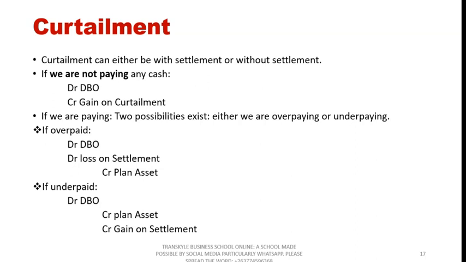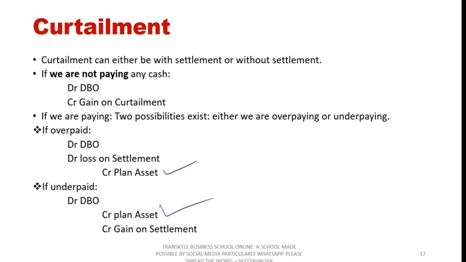Now, if we overpay, we have to debit the defined benefit obligation, debit the loss on settlement, and credit the plan assets. Remember, the plan asset is always going to be credited. Why?